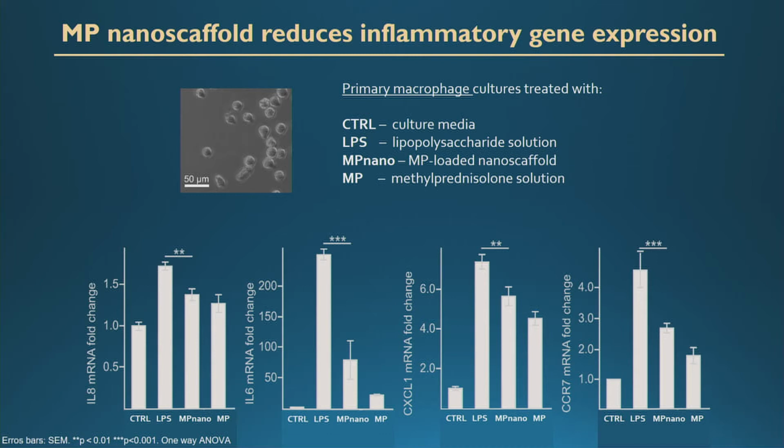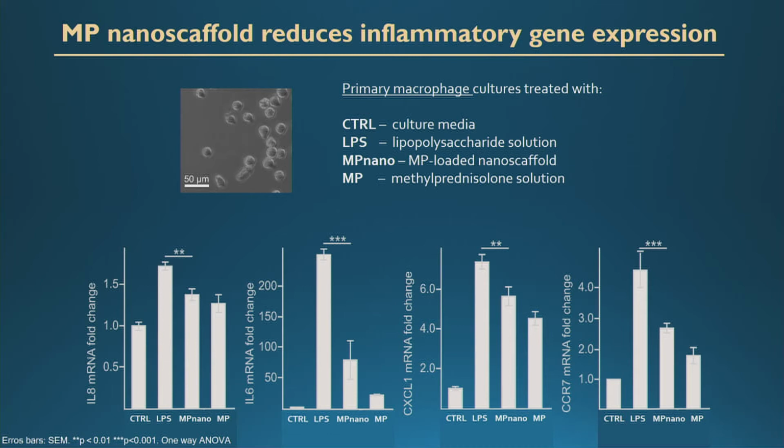And both methylprednisolone as a solution and methylprednisolone in the nanoscaffold were able to reduce significantly the gene expression of these pro-inflammatory cytokines in all the conditions that we tested. So the drug that is released, we now know is biologically active and is interfering with inflammation. So then they sent the material to us.